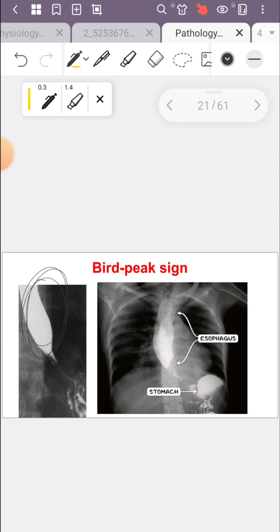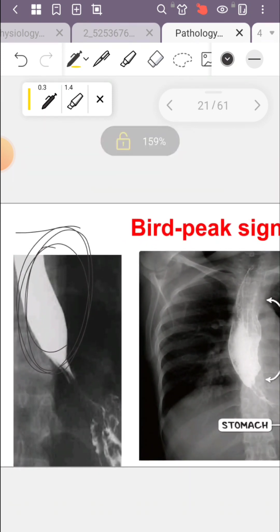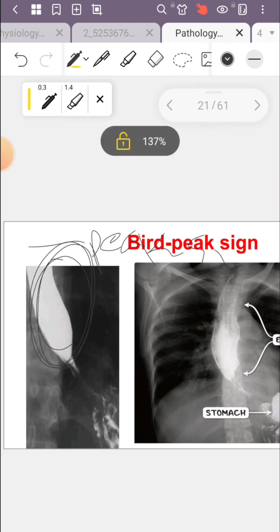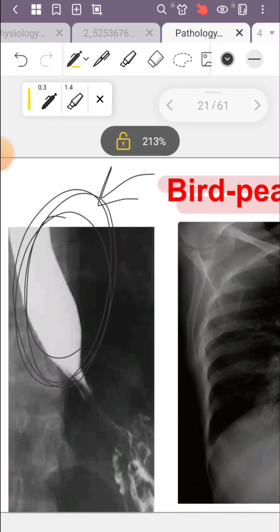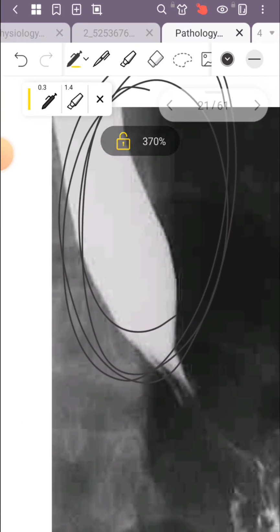Radiologically this will result in what we call the bird beak sign. As we said here, the lower esophageal sphincter is constricted because of loss of ganglion cells in the myenteric plexus in this segment, in the lower esophageal segment. Okay? This will result in permanent constriction. There is no relaxation of the lower esophageal sphincter.